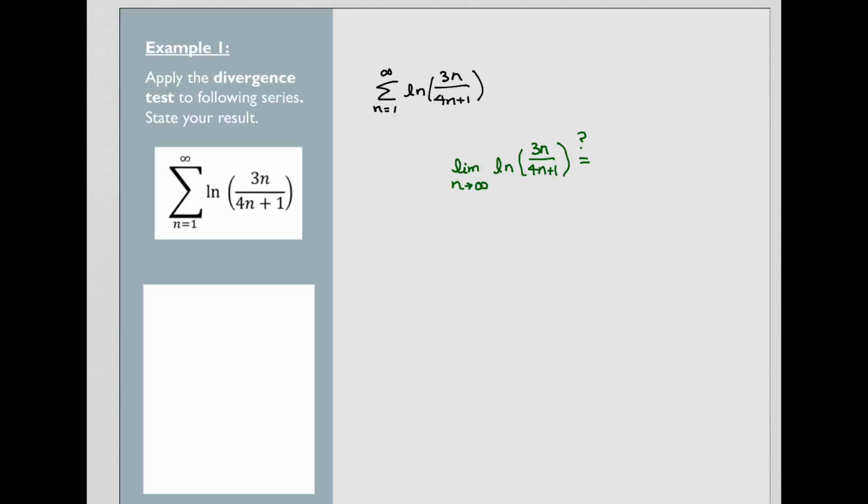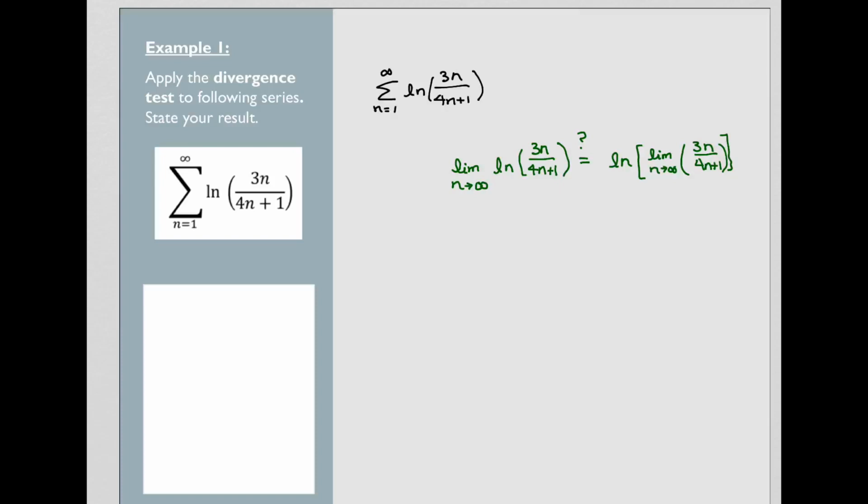So from a discussion in Calculus 1, you recall that we can actually take the limit and put it inside the natural log if we want to make it a little easier in looking at this, mainly because natural logs are scary things, right? But if we want, we can put the limit inside our natural log.